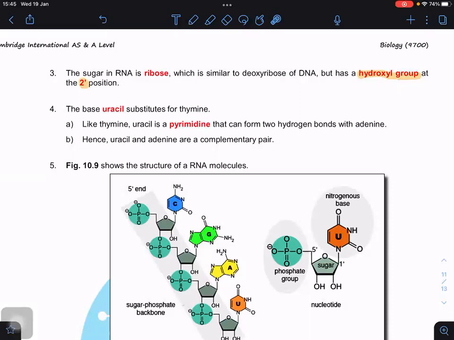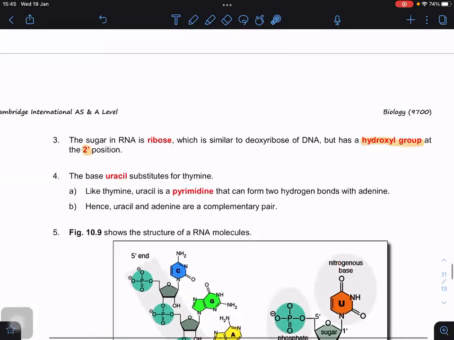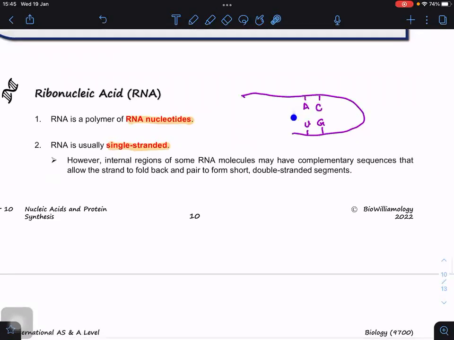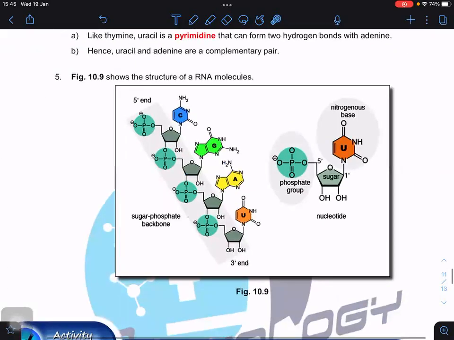Uracil again is a pyrimidine that can form 2 hydrogen bonds with adenine. So whatever happens to thymine, uracil does the same. Are you clear? So U and A always pair together. That's why in this diagram you can see U and A always pair together by forming 2 hydrogen bonds. So in this diagram, if I draw this structure out, you will know that it must be an RNA polynucleotide.